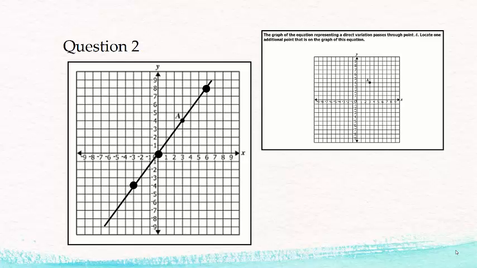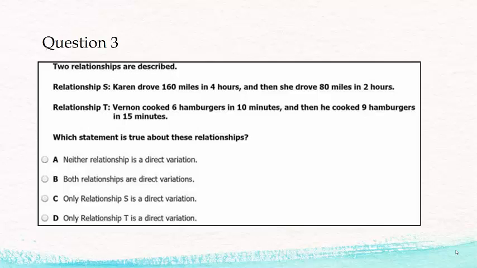Alright, so next question. Karen drove, and they want to know if these relationships are direct variations. Karen drove 60 miles in 4 hours, then she drove 80 miles in 2 hours. That isn't a constant slope, so it's not a direct variation. And also, I gave away the answer.